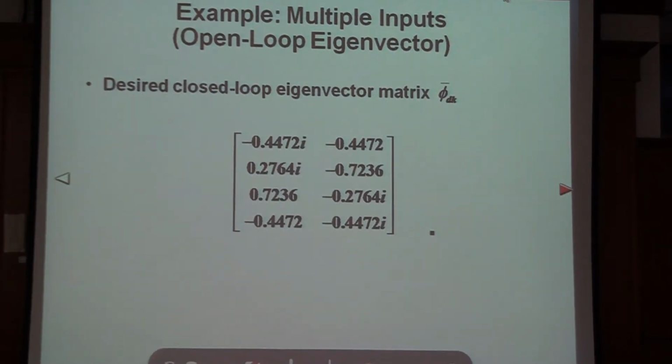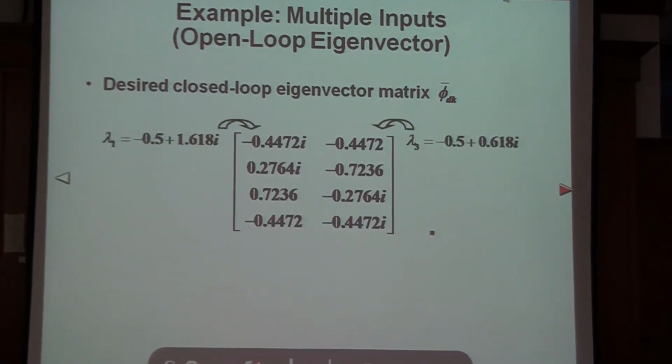And this desired one, as a matter of fact, that's the open loop eigenvectors. Alright? And my desired, this, the first one, that's my desired one, assume.